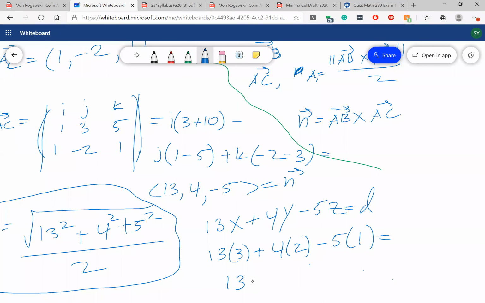So 13 plus 3, no, sorry, times 3. So 14 times 3, which is equal to 42. Okay, so our D looks like it's 42.